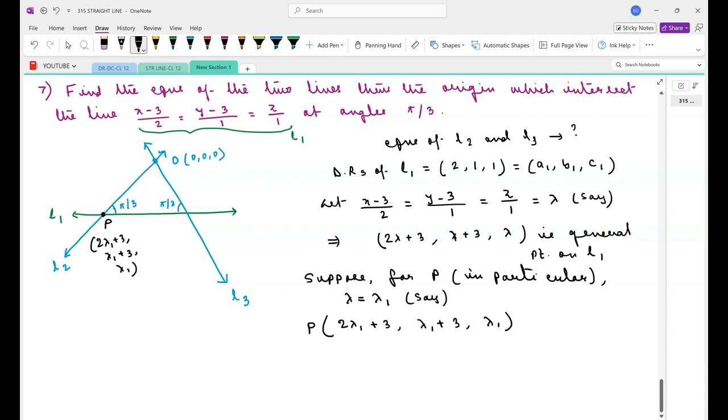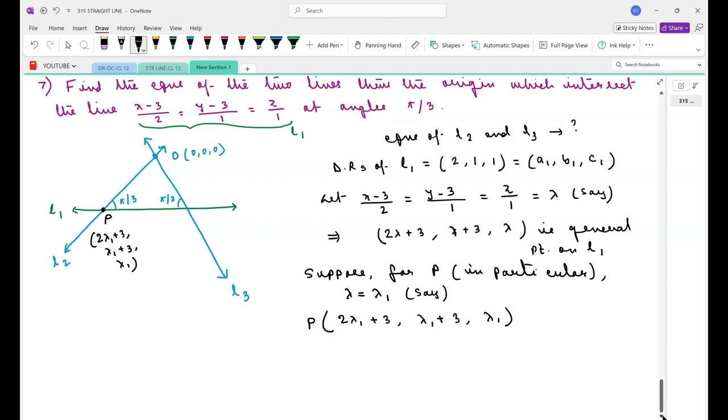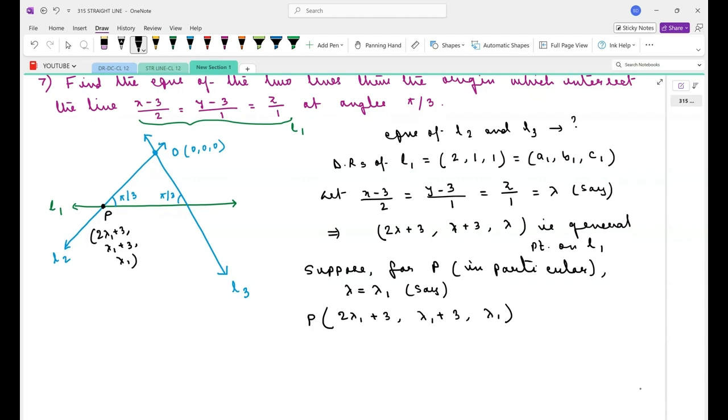Okay. Now we use the formula for the angle between two lines. So we are not using L3 at all. We are working with L1 and L2.